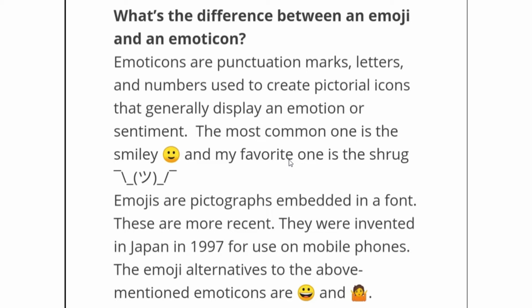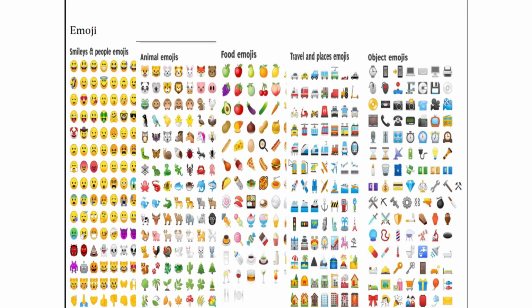They were invented in Japan in 1997 for use on mobile phones. The emoji alternatives to the above mentioned emoticons are used. There are different types of emojis such as smiley and people emojis, animal emojis, food emojis, travel places emojis, object emojis, and so on.